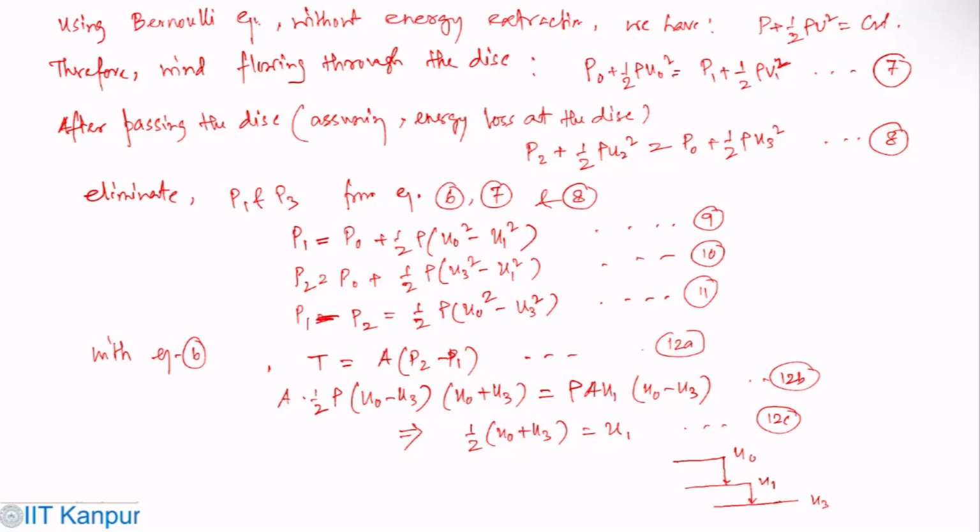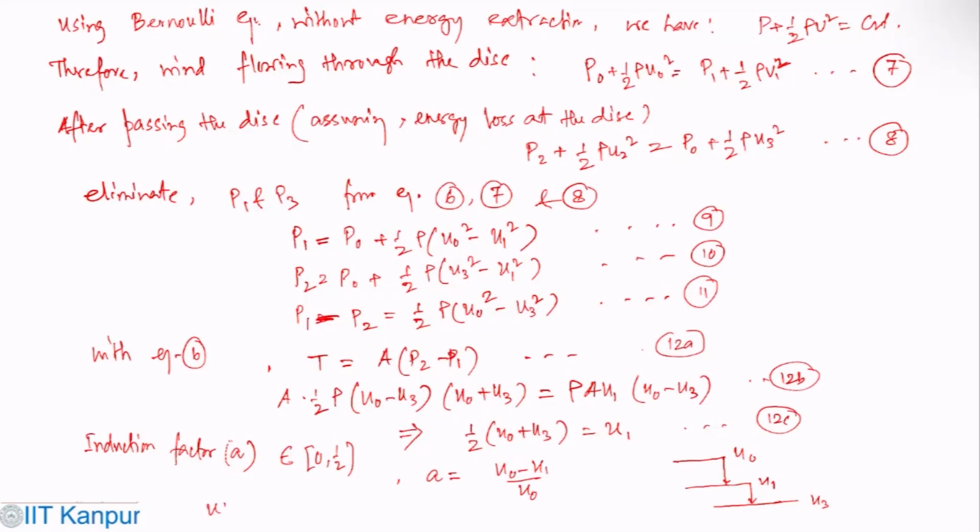Okay. Now we introduce some kind of an induction factor, induction factor A, which belongs to 0 to half. Induction factor is defined as (U0 minus U1) by U0.